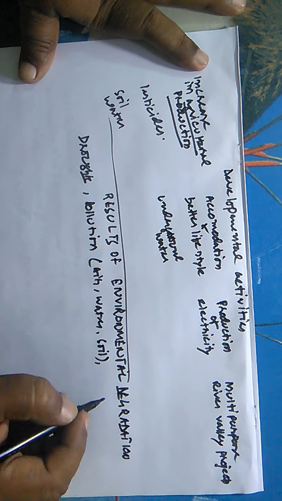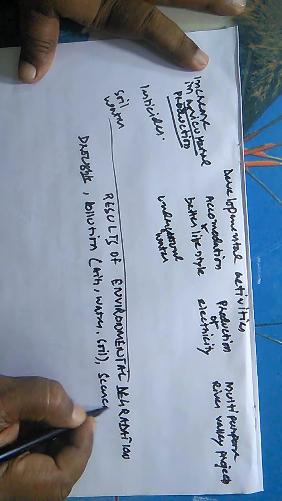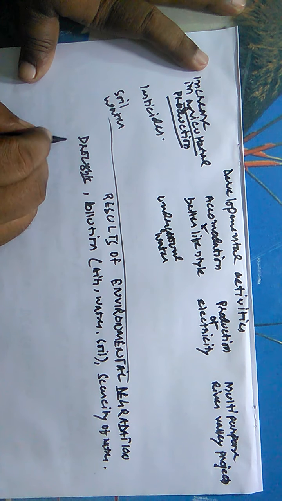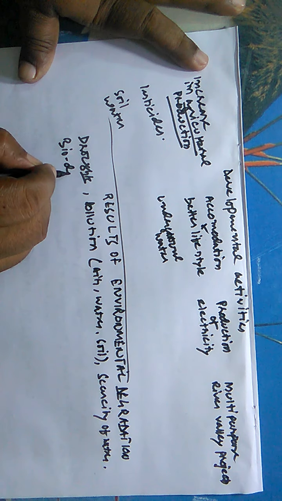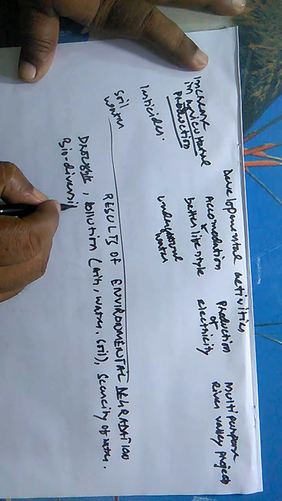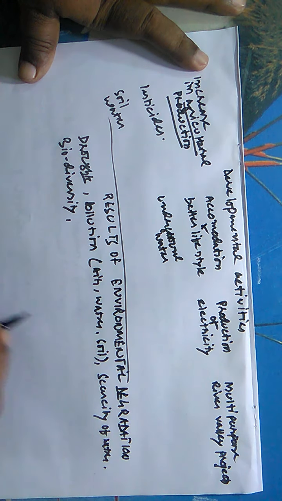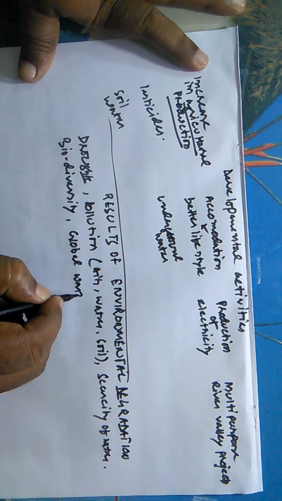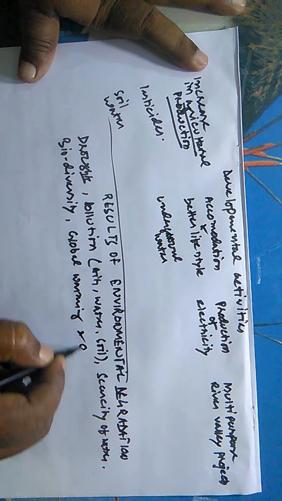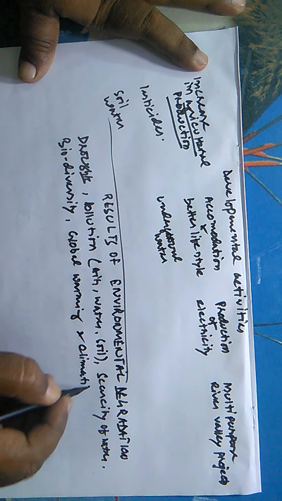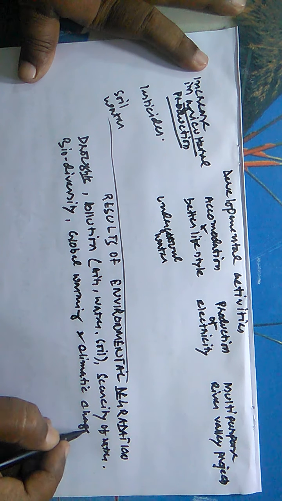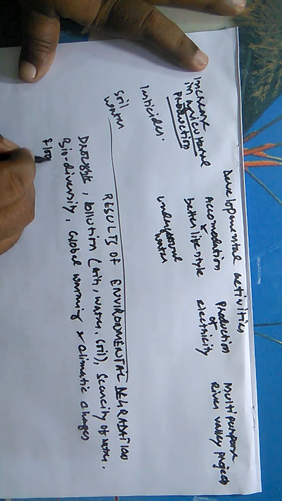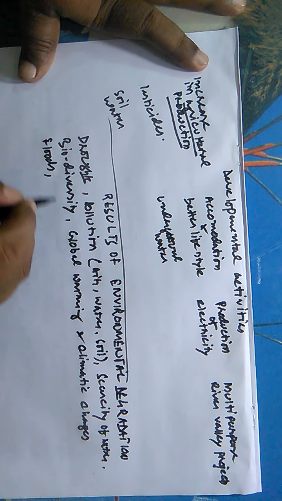Then, along with that, there is scarcity of water, biodiversity has been affected. It has also resulted in global warming and climatic changes in different parts of the world. Then floods have become common.